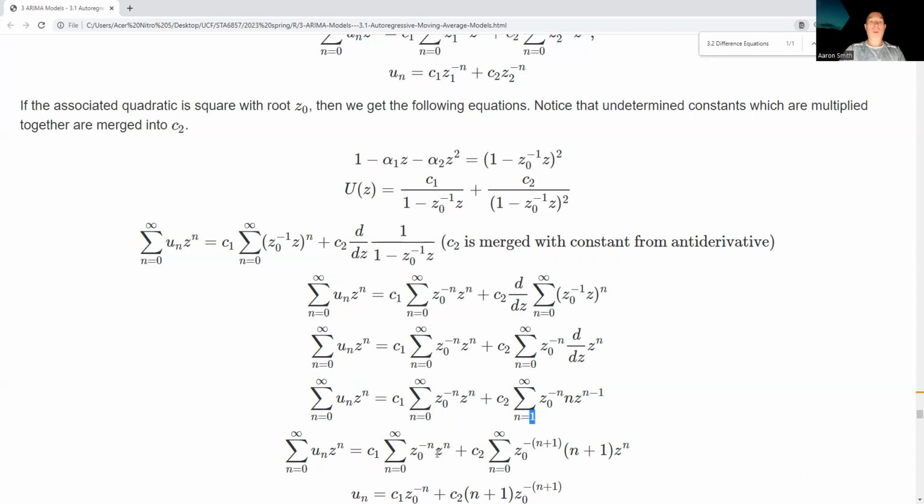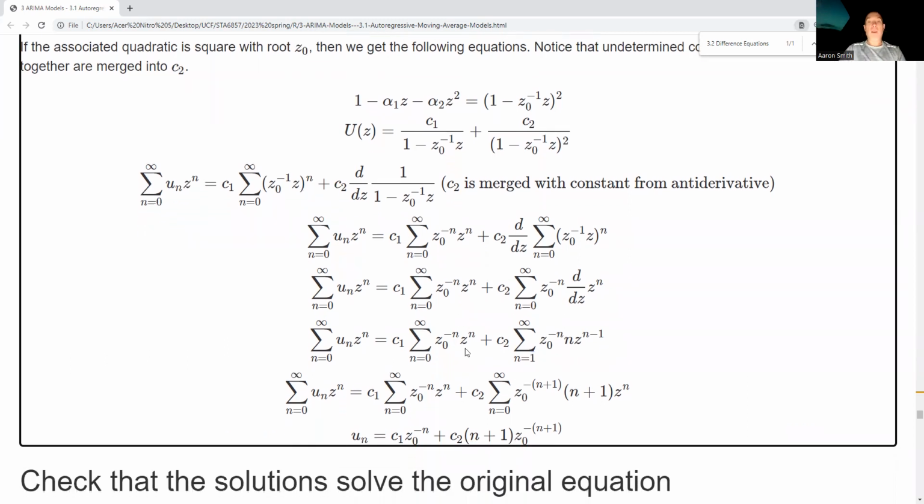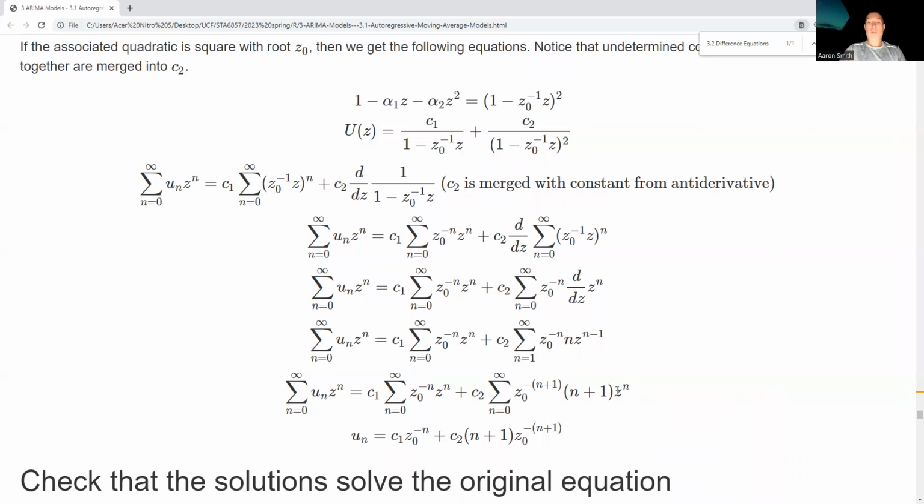And you'll notice that I get pretty much the same game plan: once I get down to here, z to the n, I need to match the coefficients of z to the n, left-hand side, right-hand side of the equation, and I get my solution.